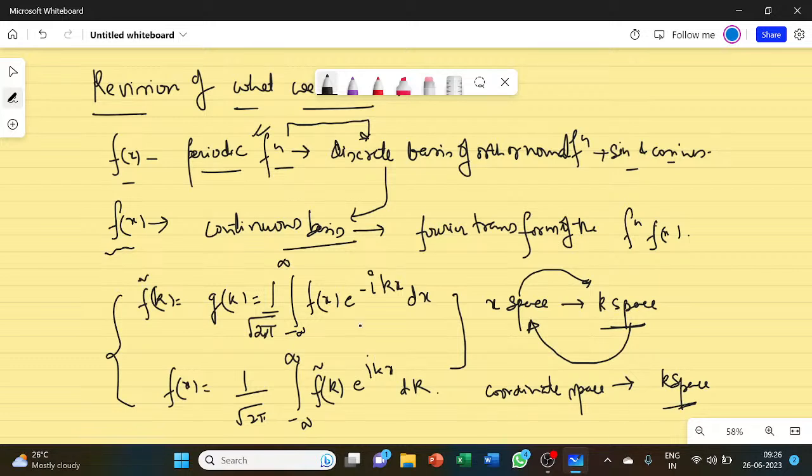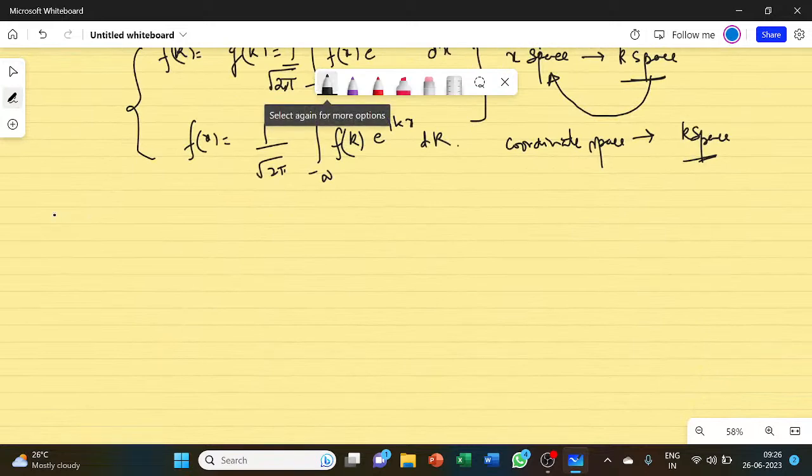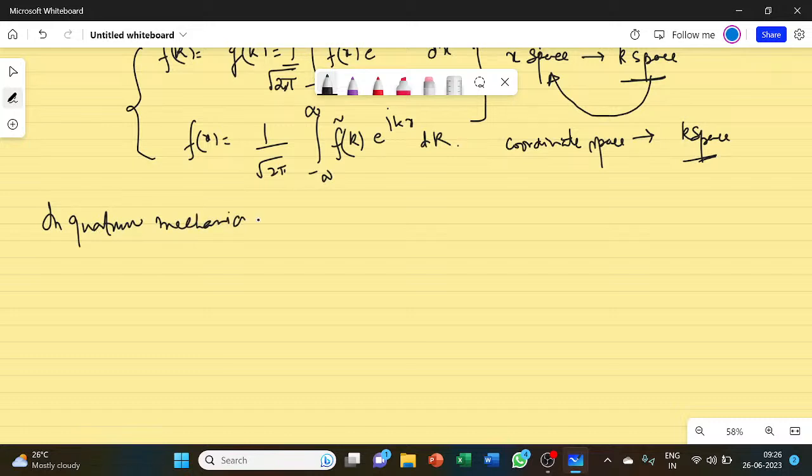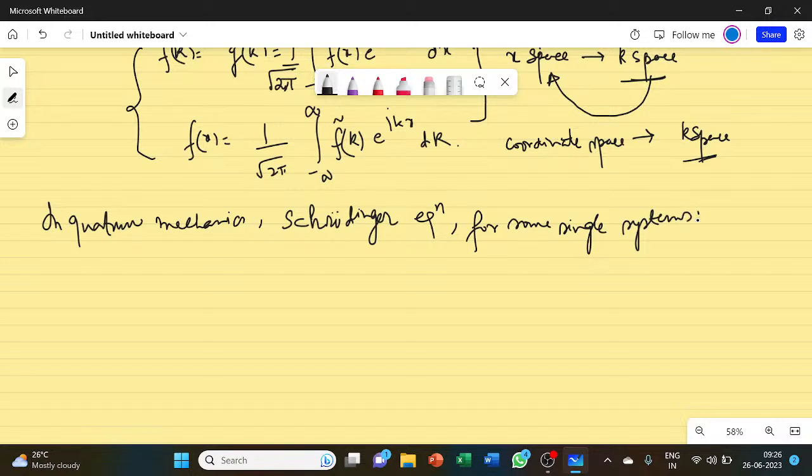So for example, just to remind you, in quantum mechanics, we have studied the Schrodinger equation and solved it for some simple systems like the hydrogen atom, or a relatively easier one, the simple harmonic oscillator, or particle in a box.